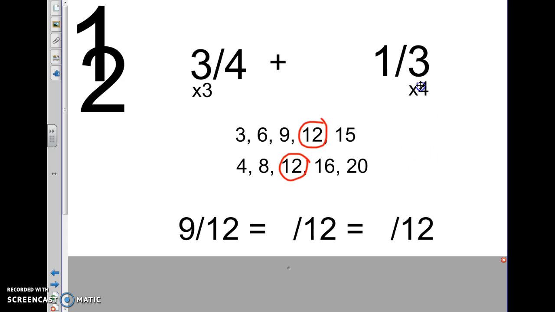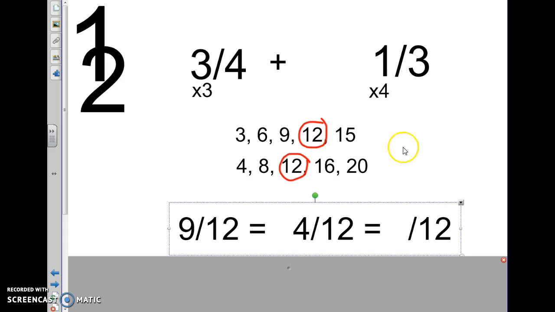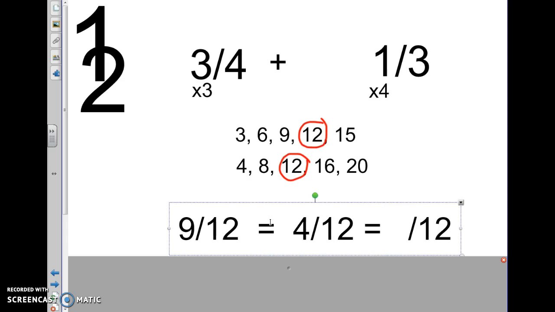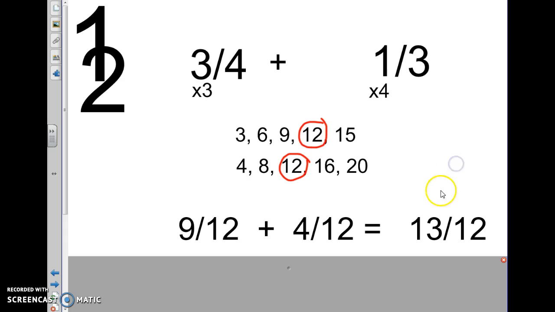So if we multiply by 4 on the bottom, we multiply by 4 on the top. 1 times 4 equals 4. All we're going to do is add 9/12 plus 4/12, and that's going to give us some amount of 12s. 9 plus 4 is 13. So 13/12.